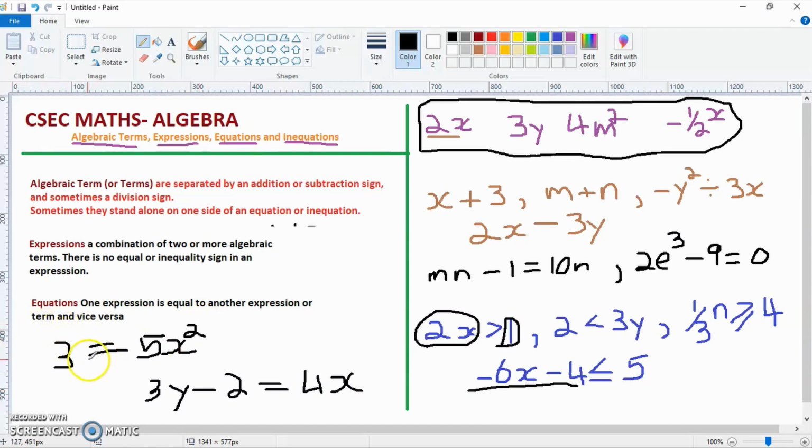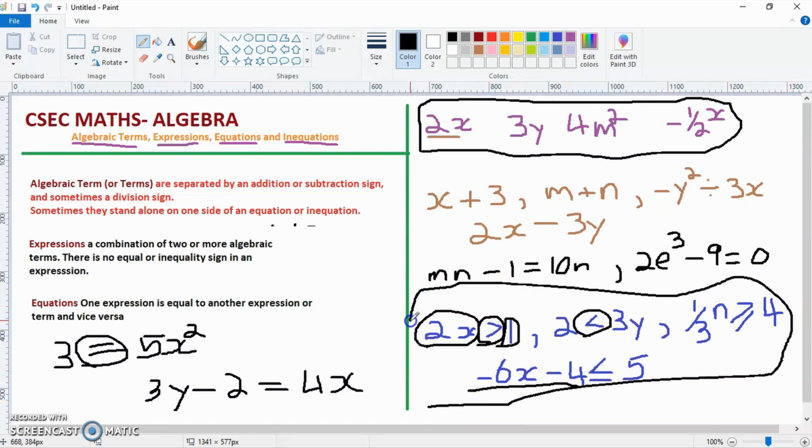So equations must have an equal sign. Inequations, on the other hand, have an inequality sign between algebraic terms or expressions. So it's either a greater than sign, a less than sign, greater than or equal to, or less than or equal to. So all these here in blue are what you call equations.